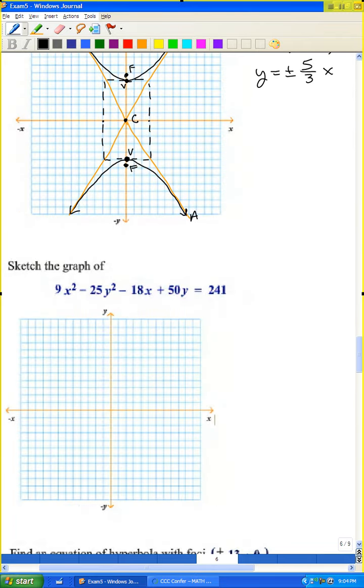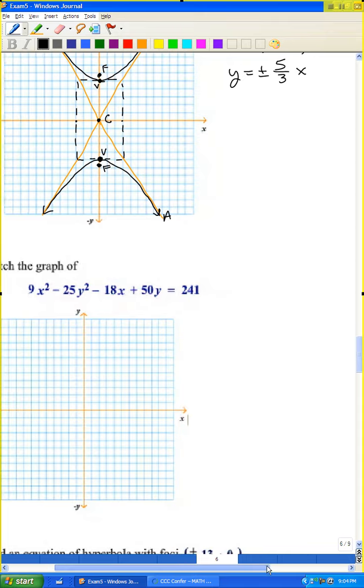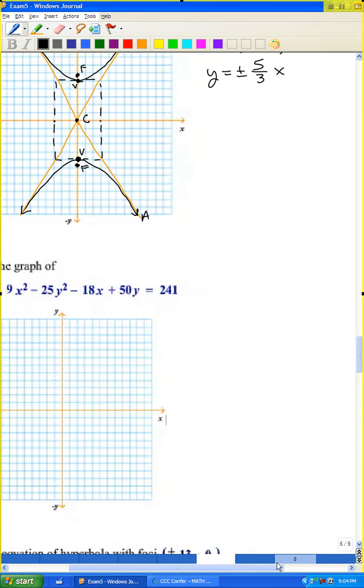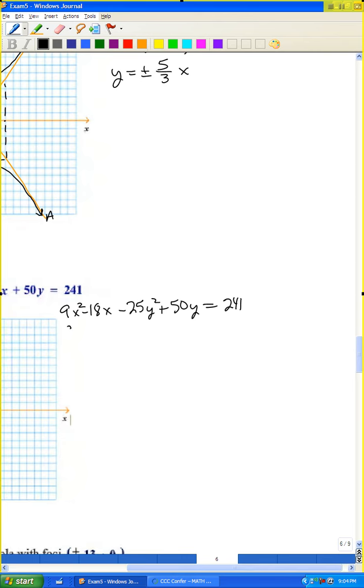Sketch the graph of this hyperbola. So 9x squared minus 18x minus 25y squared plus 50y equals 241. And so 9x squared minus 2x minus 25y squared minus 2y equals 241.